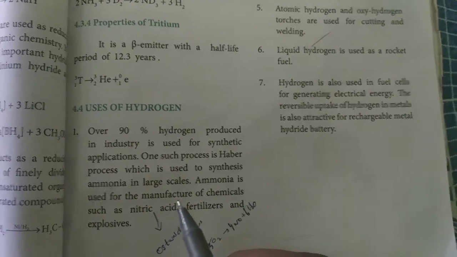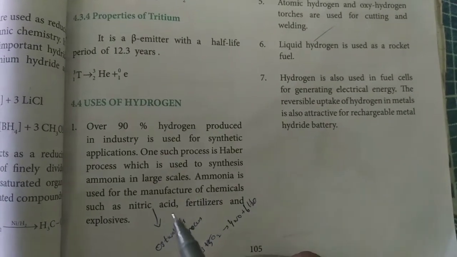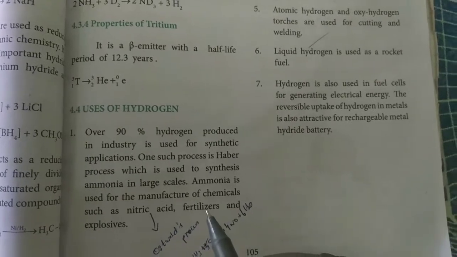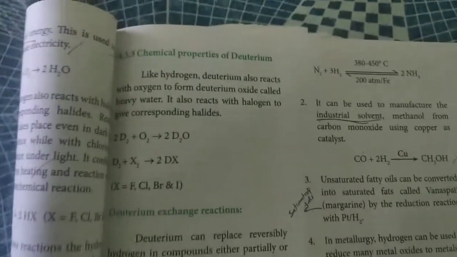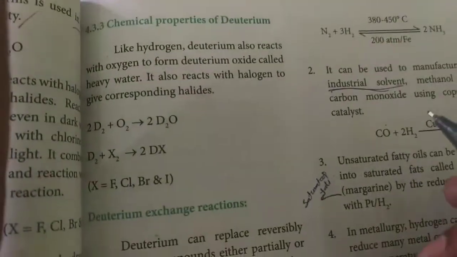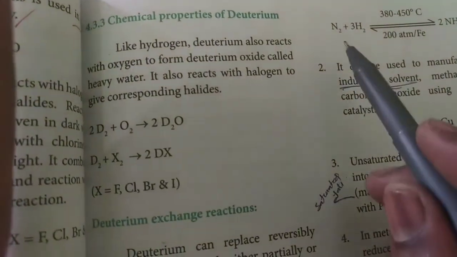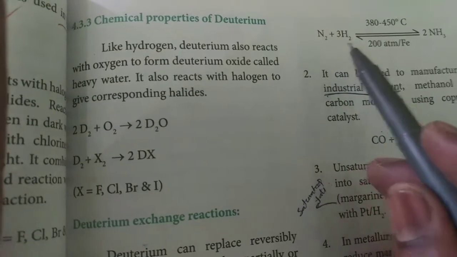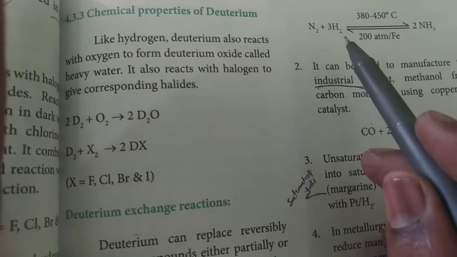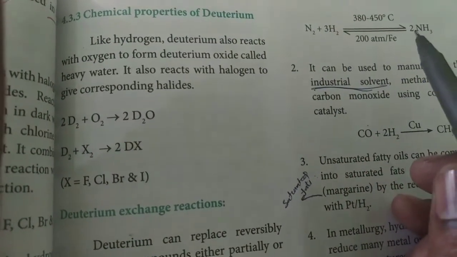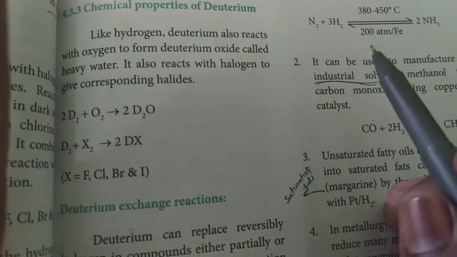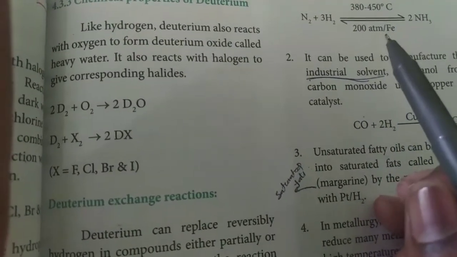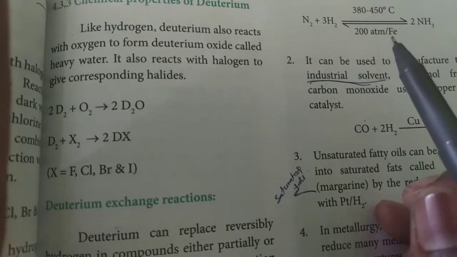Ammonia is used to manufacture chemicals such as nitric acid, fertilizers and explosives. In the Haber process, atmospheric nitrogen and hydrogen react to give ammonia at 380 to 450 degrees Celsius and 200 atm, with iron as catalyst.